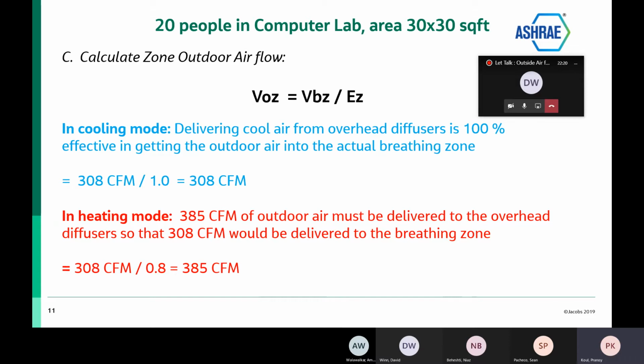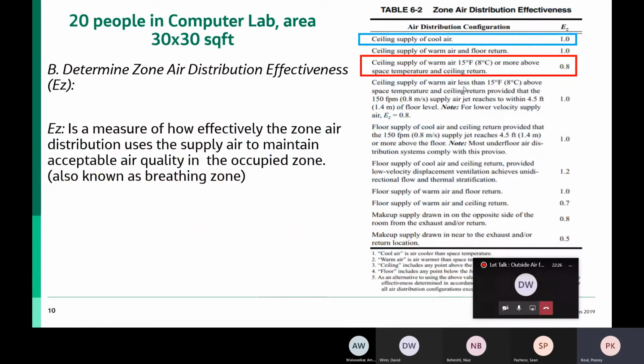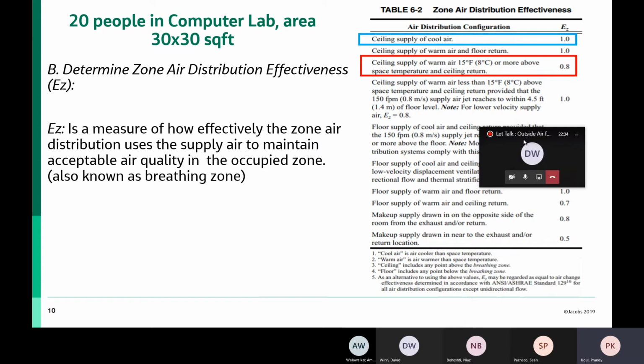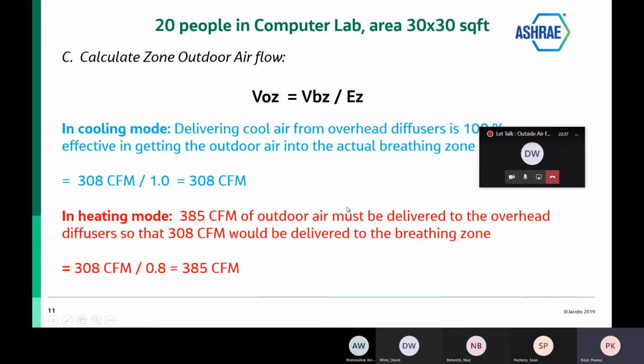And in the heating mode, it's rather more interesting: I found out that 385 CFM outdoor air must be delivered. And this 385 CFM essentially came from 0.8 for the ceiling supply of warm air, 15 degrees Fahrenheit or more above the space temperature. If we look into the heat transfer or thermodynamic aspects of this, what does that even mean?